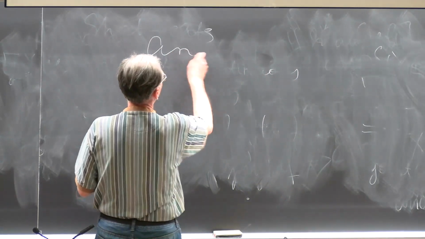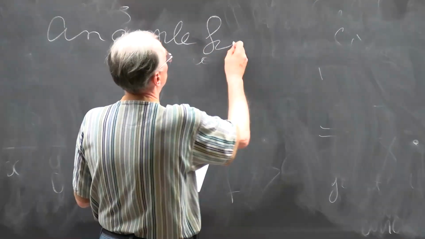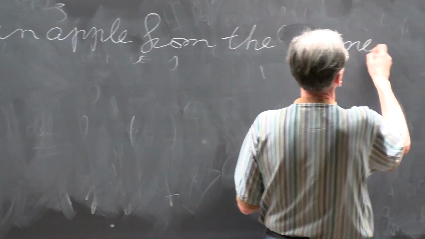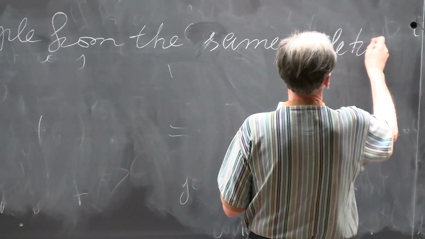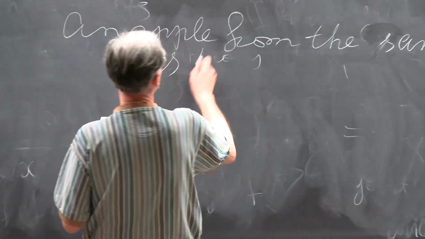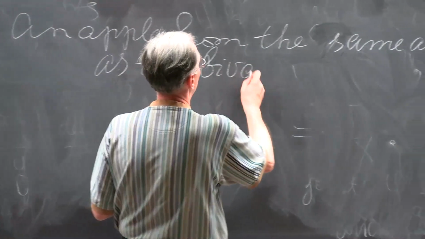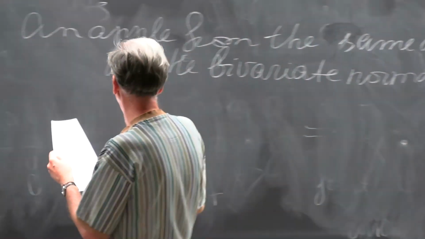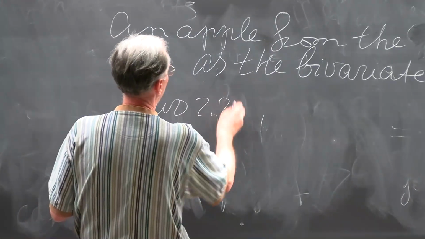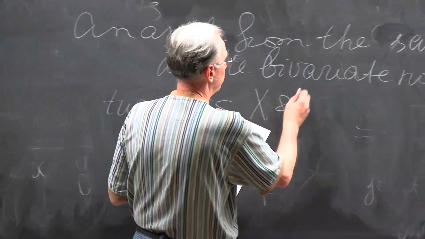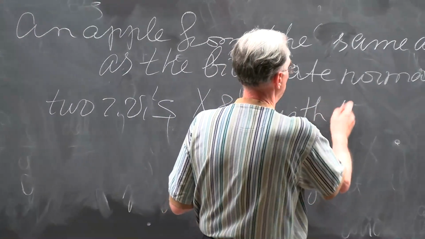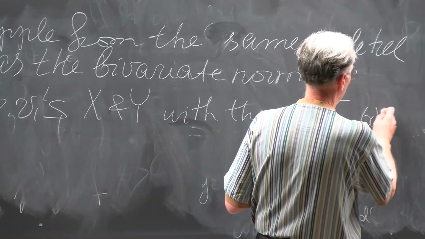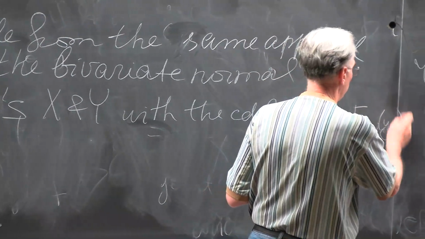So I have two random variables, X and Y, with the CDFs capital F sub capital X of little x and capital F sub capital Y of little y.